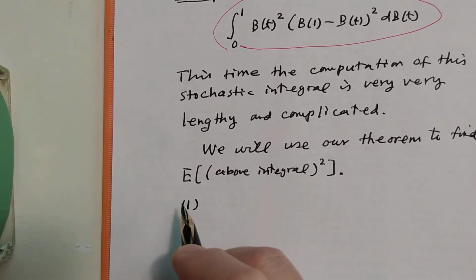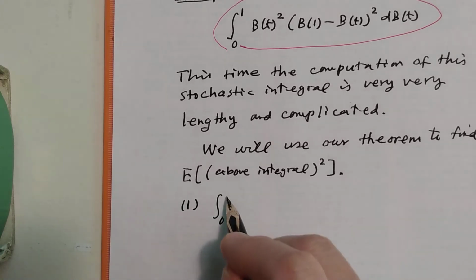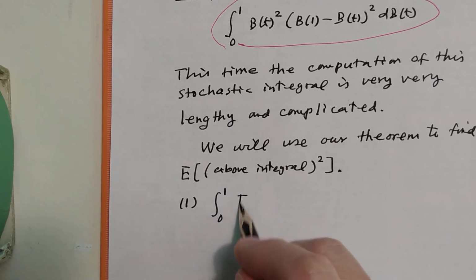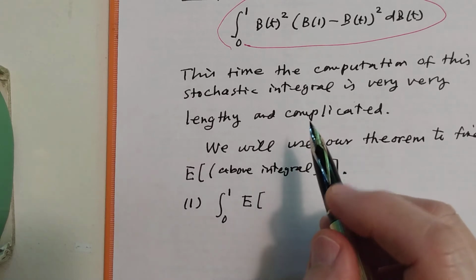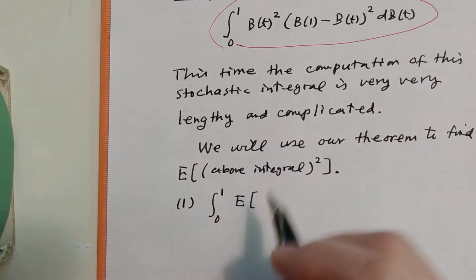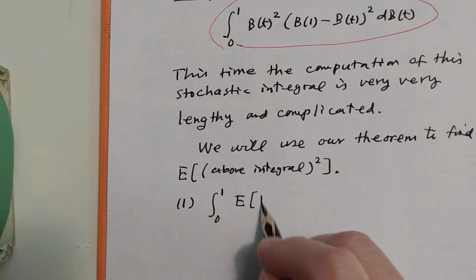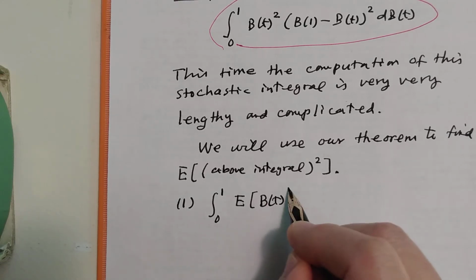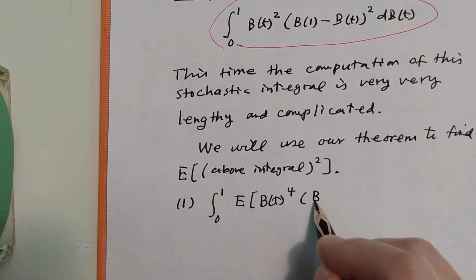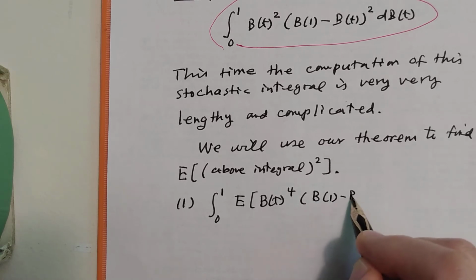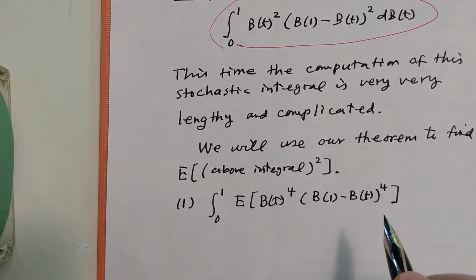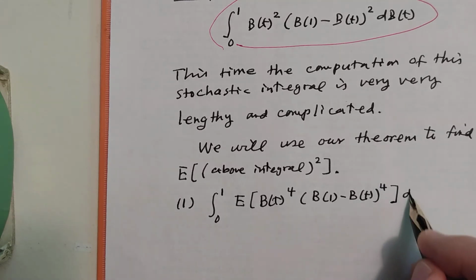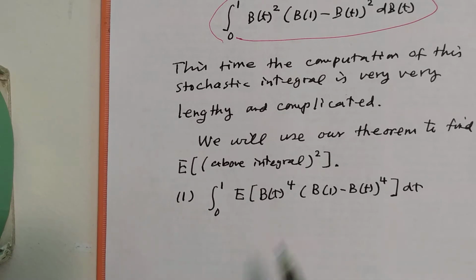One, the integral from 0 to 1 of the expectation of the integrand squared, which is Bt to the power 4 times (B1 minus Bt) to the power 4 dt. And that equals the integral from 0 to 1.